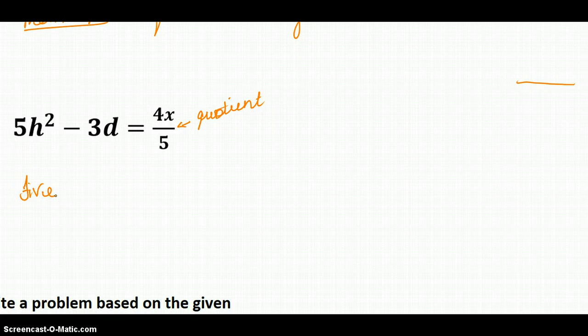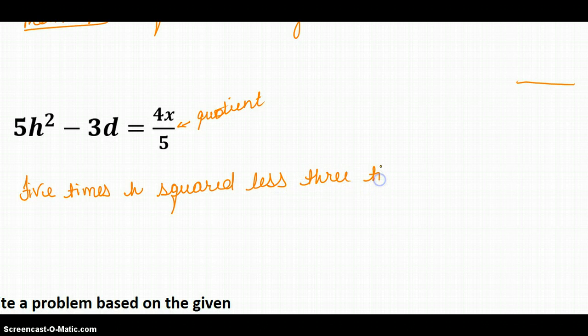It makes absolutely no sense to have a number at the beginning of a sentence. Okay, 5 times h squared. Say less 3 times d.